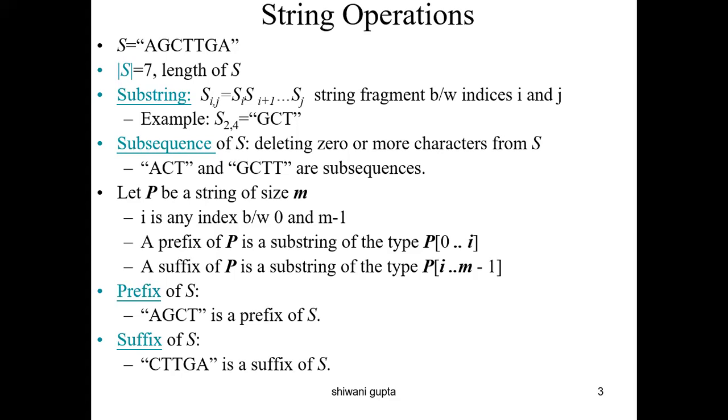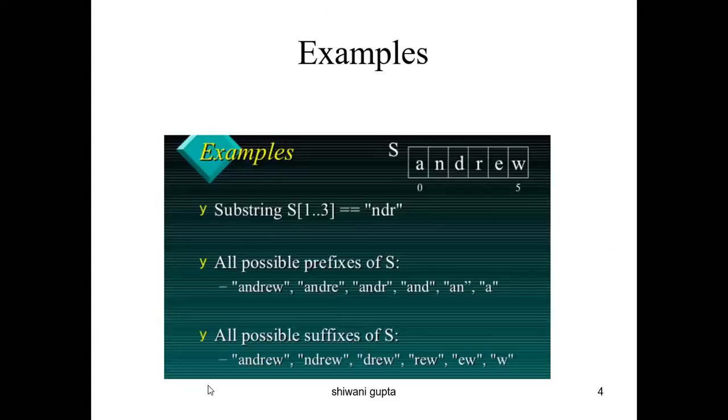Similarly, the suffix goes till the end, that is why we take up to m minus 1, but i is again any value between 0 and m minus 1. So these are examples of possible prefixes and suffixes as you answered. This is your string, this is a substring, these are possible prefixes and these are possible suffixes. Though the entire string is mentioned here, we are not taking it. We will see an algorithm where prefix and suffix are used, that is the KMP algorithm.